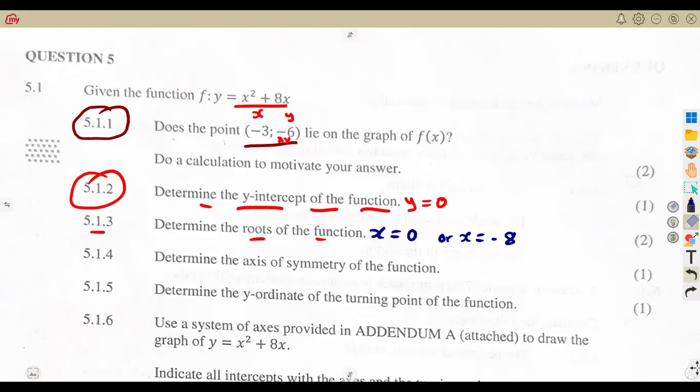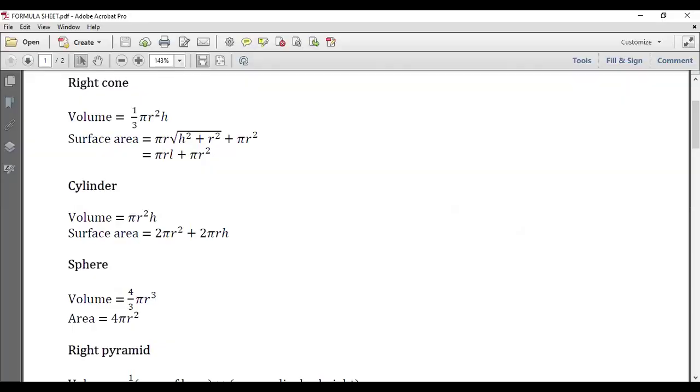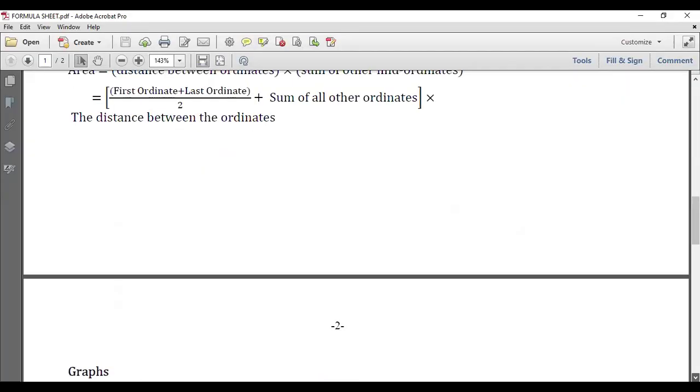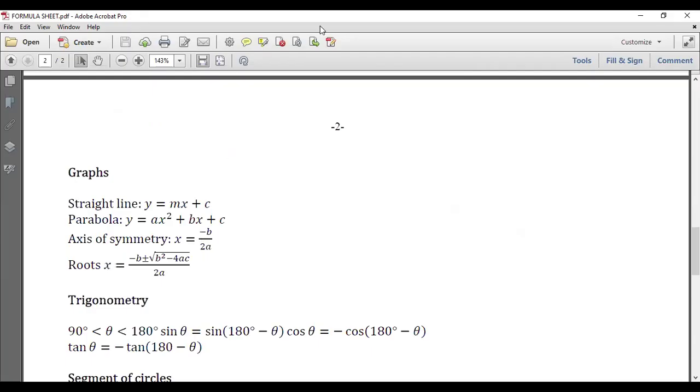Then considering another question, we are asked to determine the axis of symmetry of the function. That is what we have on 5.14. We can use our formula. Remember from your formula sheet, we can use minus b over 2a for the axis of symmetry. Let me show you so that we are on the same page.